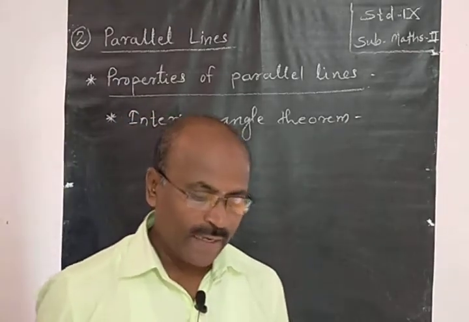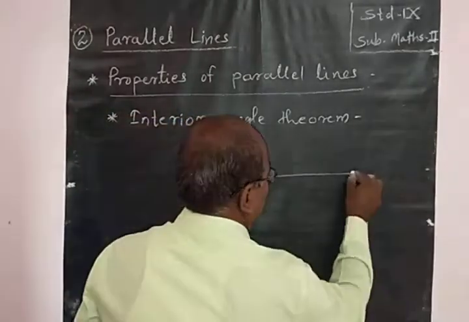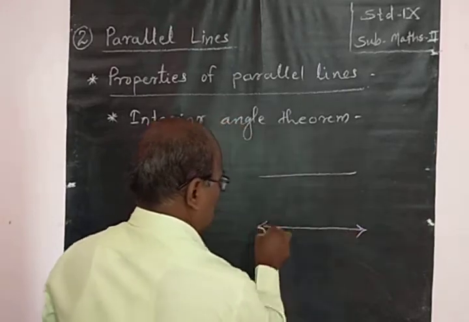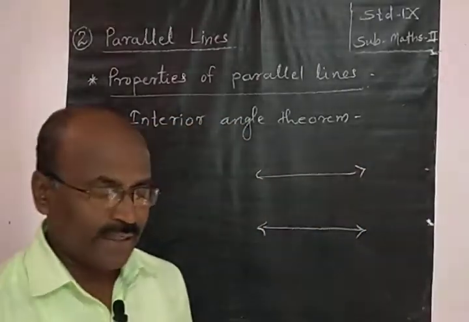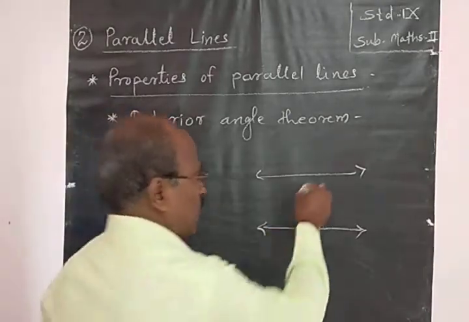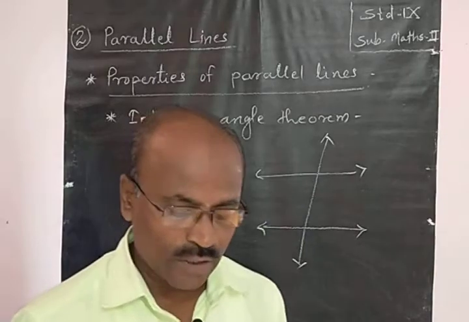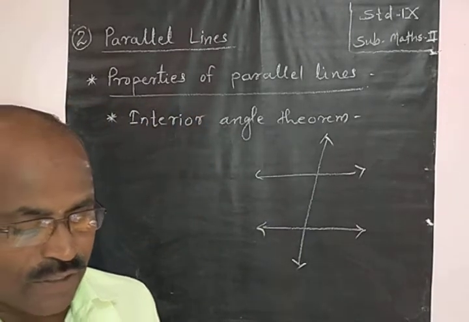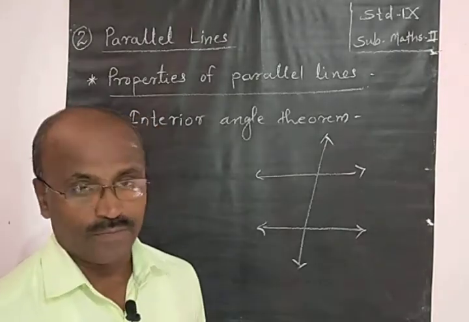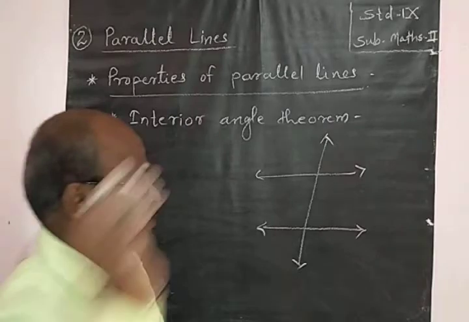If two parallel lines are intersected by a transversal, the interior angles on either side of the transversal are supplementary.